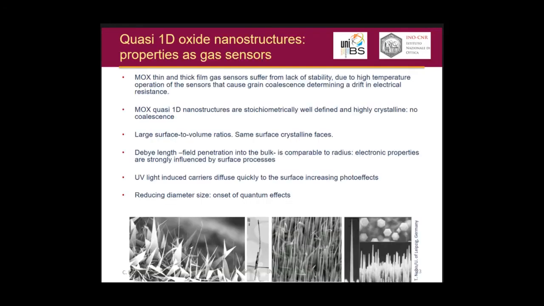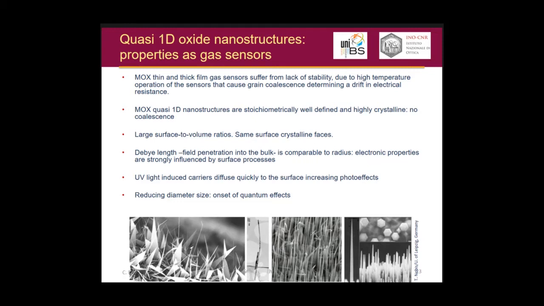Okay, so after this, let's say, theoretical introduction, I will show how we prepare the nanowires we can use for gas sensing, and the nanowires are something like this, so they can grow in a preferential direction by different types of growth.